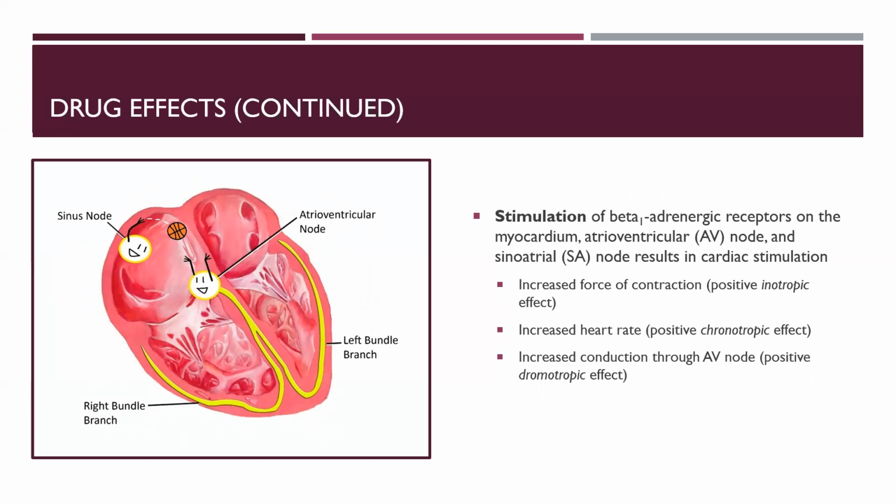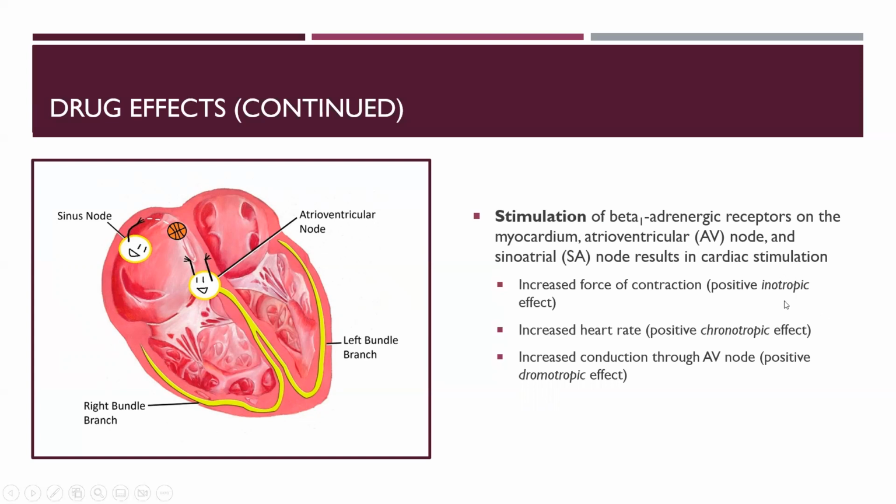Stimulation of the beta 1 receptors. Remember, beta 1 is our heart. That's going to cause that increased force of contraction, increased heart rate, and increased conduction through the AV node. So when we talk about inotropic, what we're talking about is modifying the force or speed of contraction of muscles.